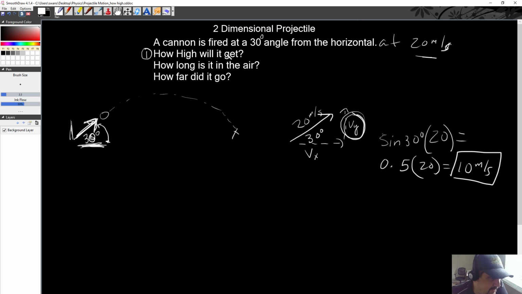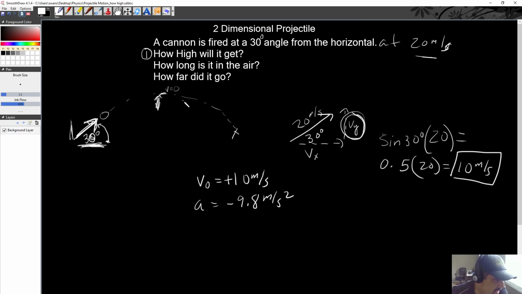That's not our final answer. We want to know how high it goes, so let's do all our work in the y problem. The initial speed in the y direction is plus 10 meters per second. Gravity will pull it down at negative 9.8 meters per second squared. When it gets to the highest spot, its final speed in the y direction is going to be 0.